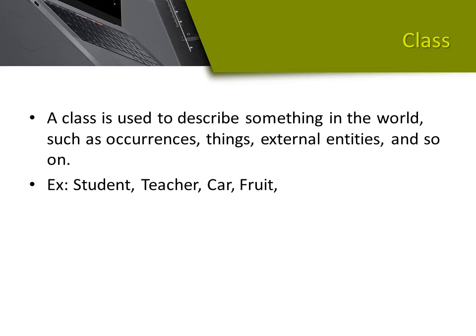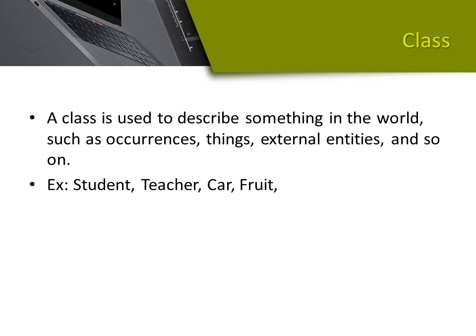Entities may be living or non-living, but while using object oriented programming we can directly reflect those entities in the programs by use of class. So, a class in object oriented programming is used to describe something in the world, such as occurrences, things, external entities, and so on.